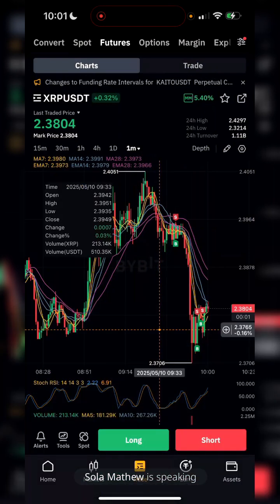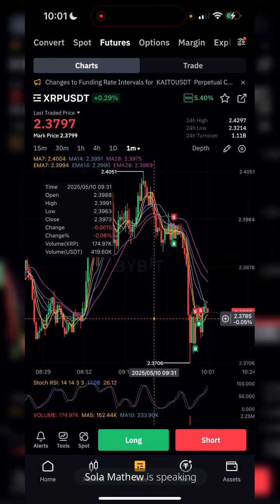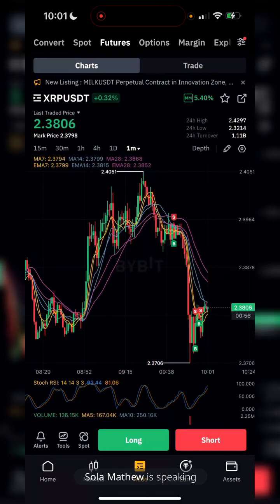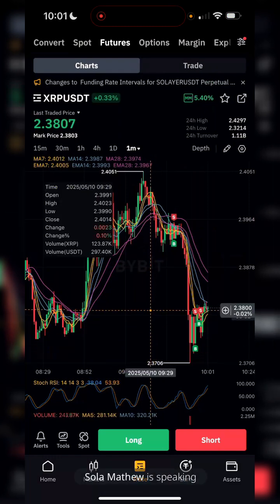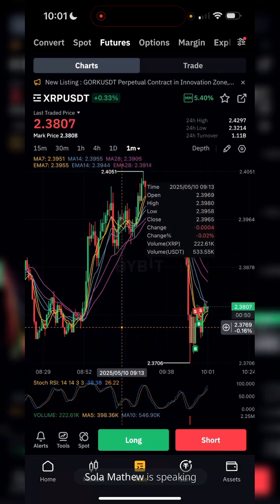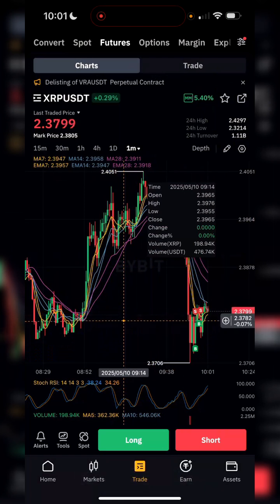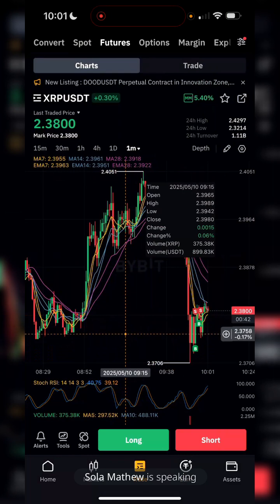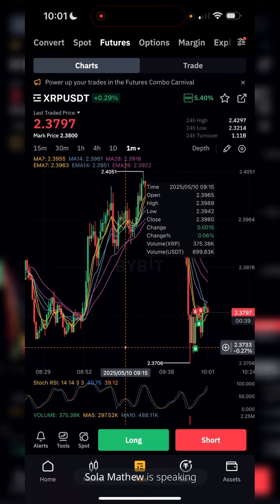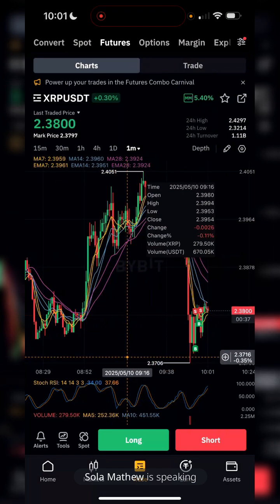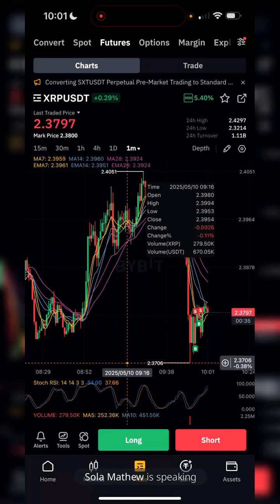Their interface shows 2.3, maybe because I'm charging it as well. 2.3708 is somewhere here. So you have to put your stop loss somewhere here.